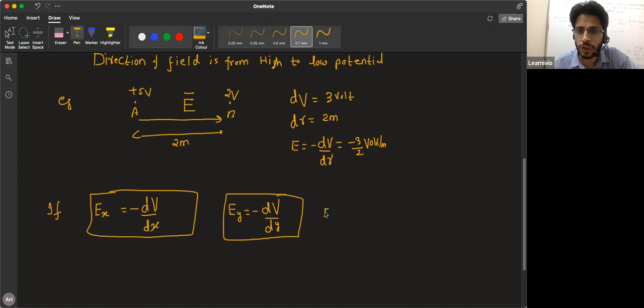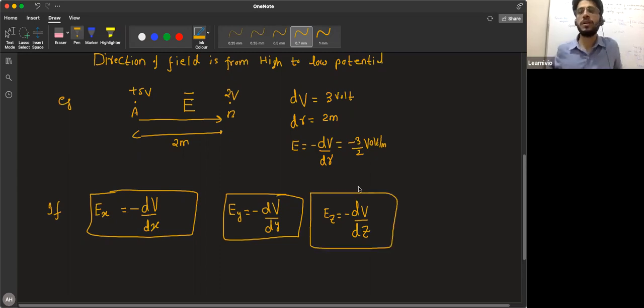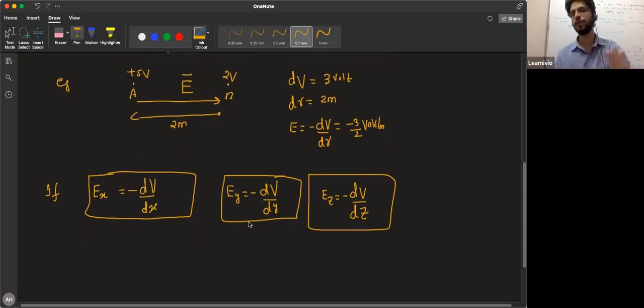If you differentiate it with respect to z, then you will get z component of field. So we need x component, y component, and z component of field. This is how we calculate field if potential is given.